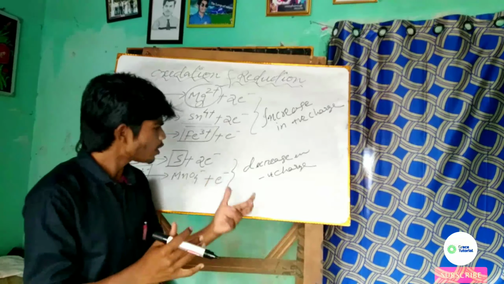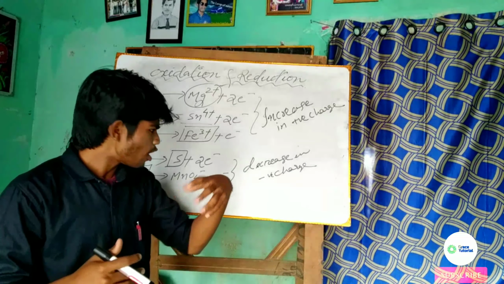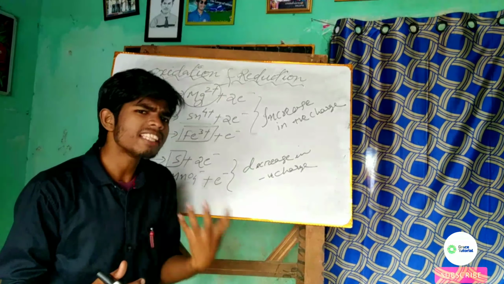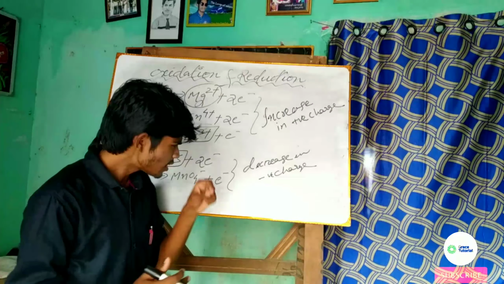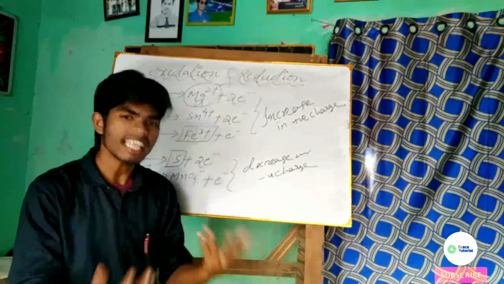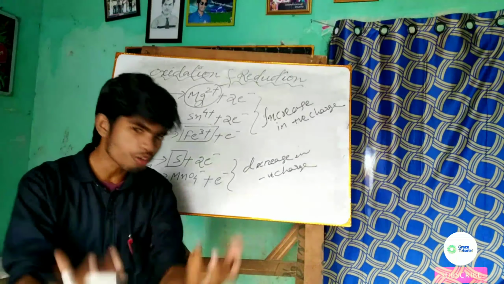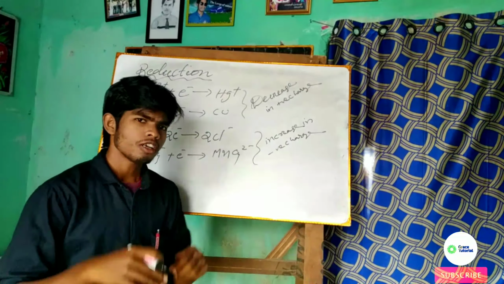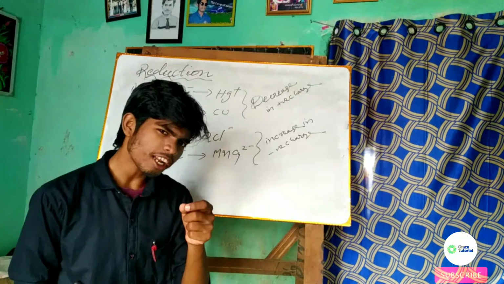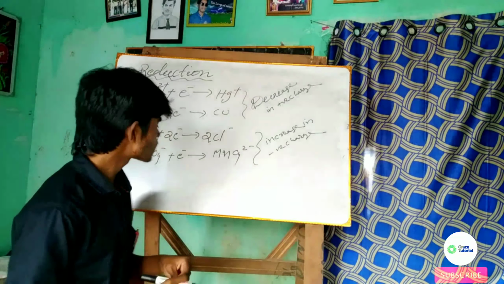So what we need to understand from here, oxidation is nothing but the loss of electrons by the atom or by the ion, but that results in the increase in the positive charge as well as the decrease in the negative charge. Well, that's all about the electronic concept of the oxidation. Now, how can we define the electronic concept of the reduction? Well, it's very simple to understand, my dear students.